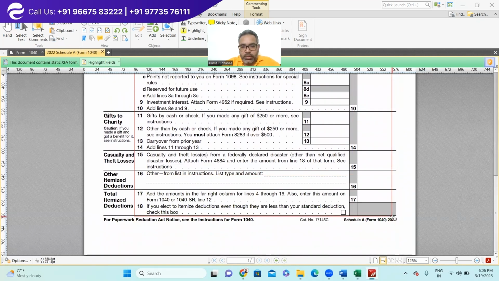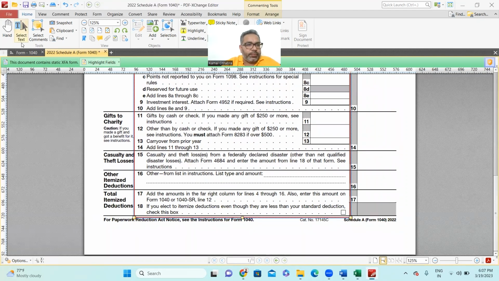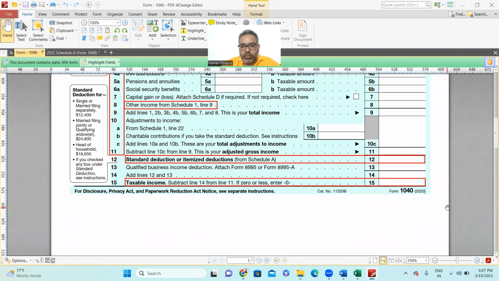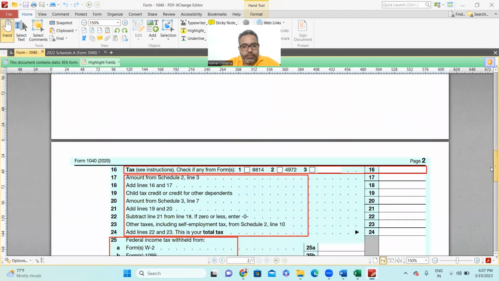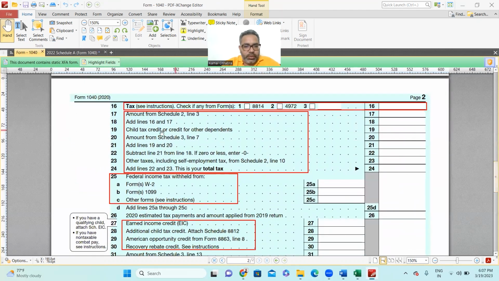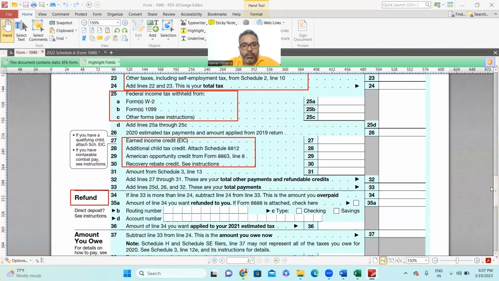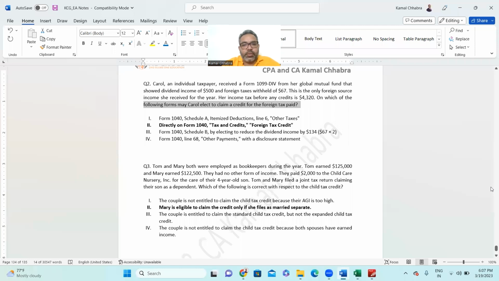All these things are deductions which you can claim in Schedule A. Whereas in 1040, if you go to the taxes, here is the credit for taxes, for dependents and all this tax credit, other taxes including self-employment taxes. So now you understood why it is not in itemized deduction?